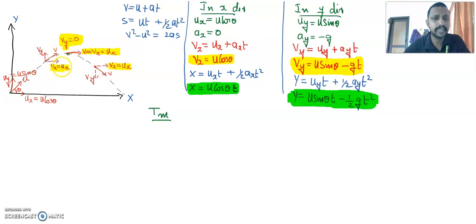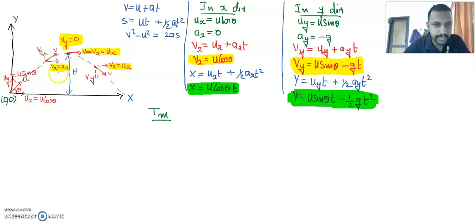For finding the time of maximum height, let's define this coordinate as x is equal to 0, y is equal to 0 point. This point will be at maximum height, and this height we are denoting as h.